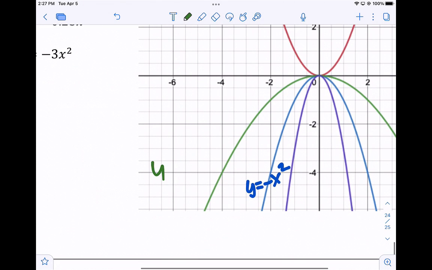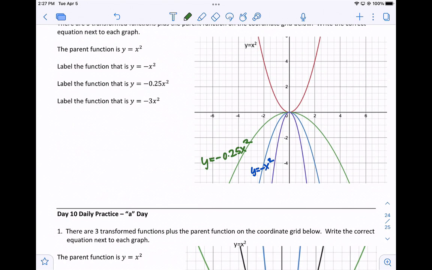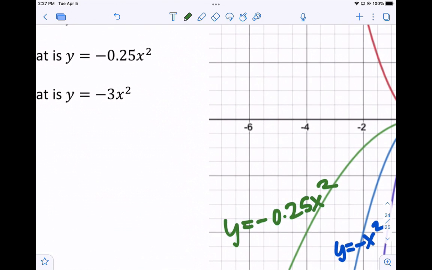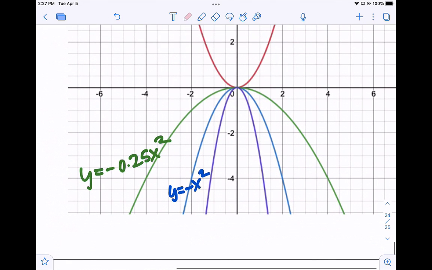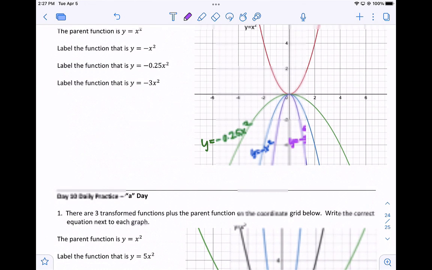So again, between 0 and 1, it's wider. And then we have y equals negative 3x squared. So that's going to be skinnier than the original graph. And then they're all negative because they're upside down.